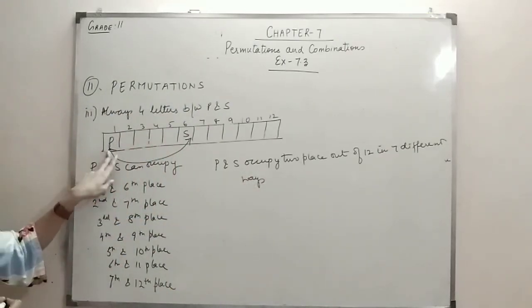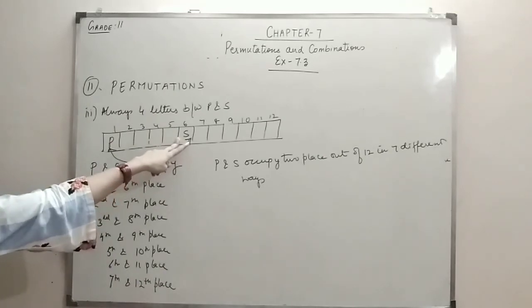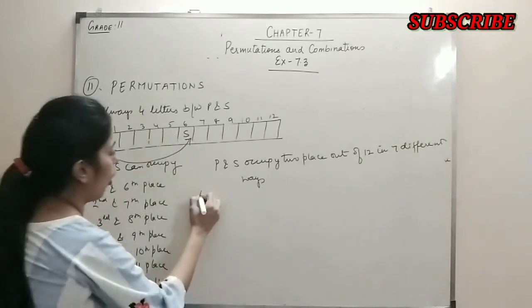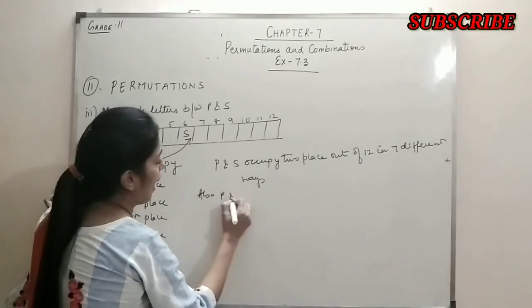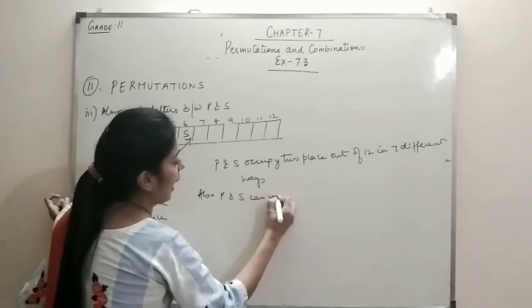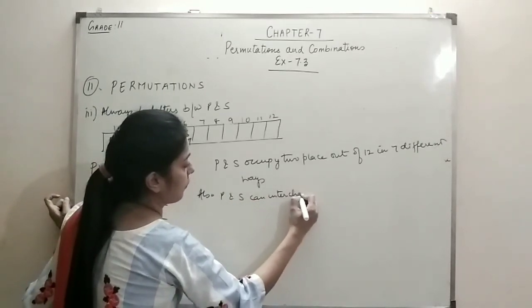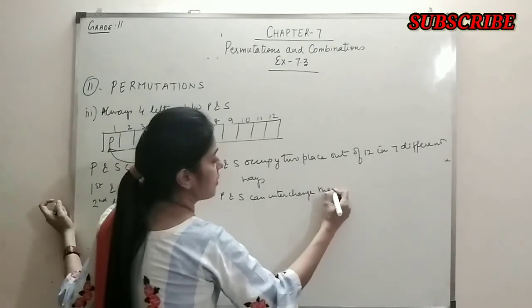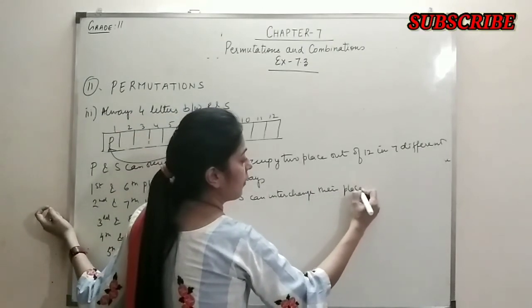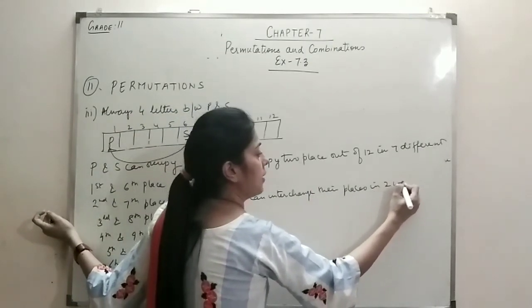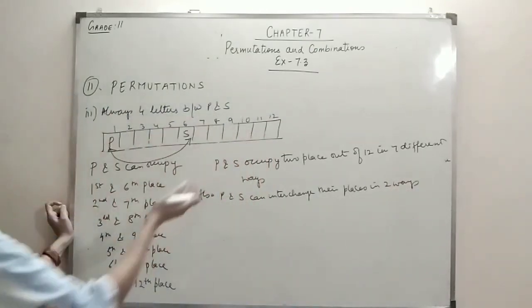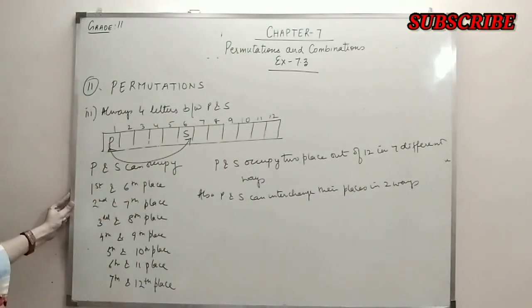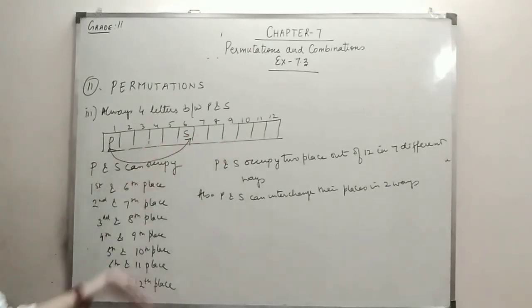Also P and S can interchange their places in 2 ways. Either S will come first and P will come next. And the remaining 10 letters also we have to arrange.